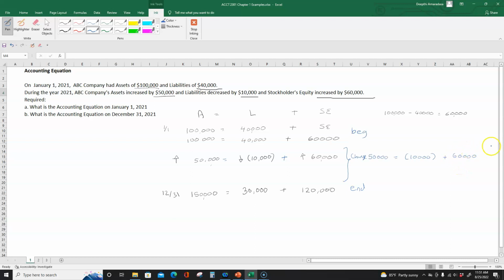And that's really important to remember, because when we look at transactions and how to record things, every transaction that we record is going to have to follow this accounting equation. So every change that a company has will always follow the accounting equation. Hopefully that makes sense. It would be great if you could rework this example on your own until you understand how to do this. Let's go back to the PowerPoint.